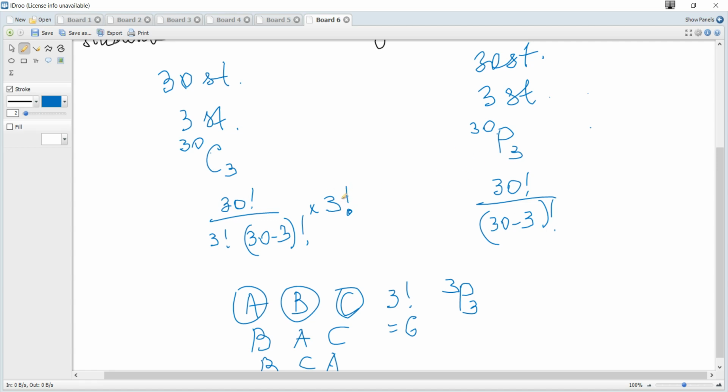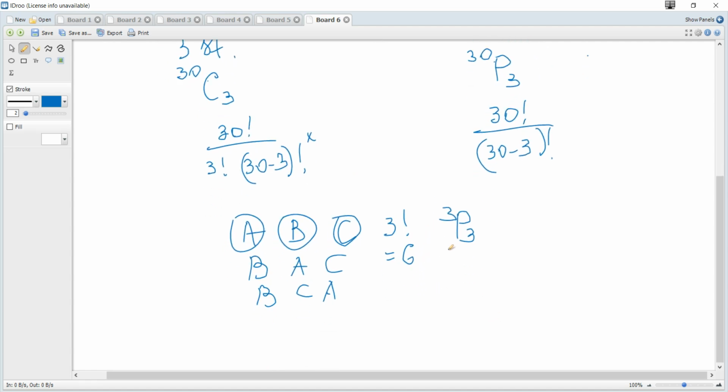And you can see that 3 factorial cancels, and we get a formula for the number of permutations. So if we need just to find the number of rearrangements, we just use n factorial.